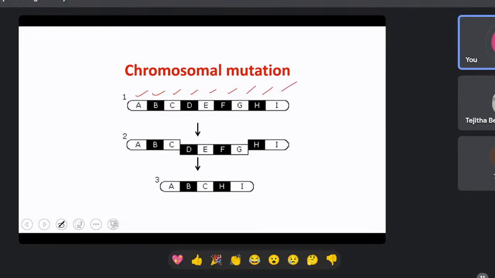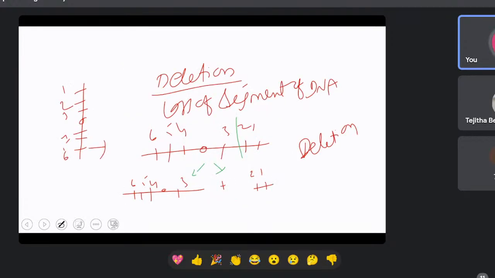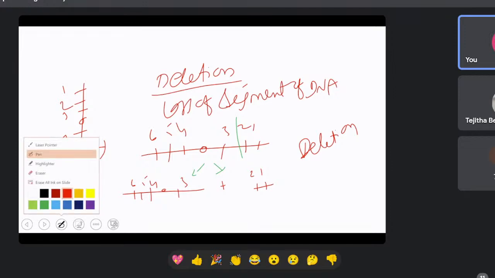What happened here? This part is removed and these two are joined. So 4 genes are deleted and only 5 genes remain, and such a mutation is called deletion or deficiency.